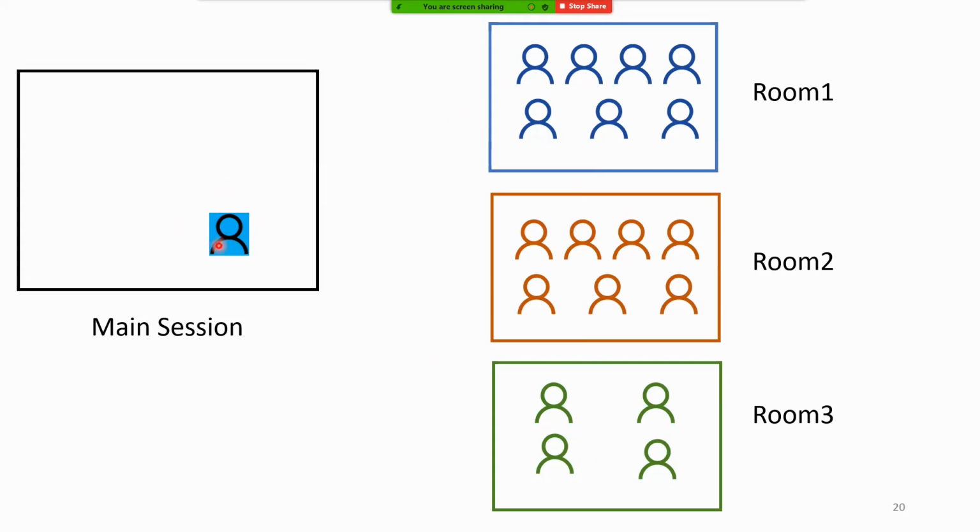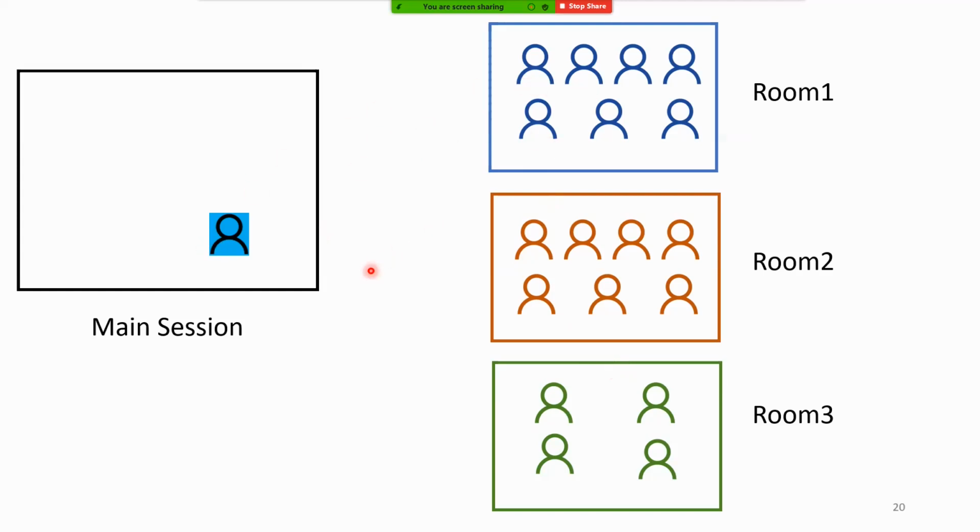One thing is that when you are in the main session, you can't hear or see anything that is happening inside room 1 or 2 or 3. Right? You can go up to, I think, 50 breakout rooms. If you want to see a room, you need to go there and join and come back, right?